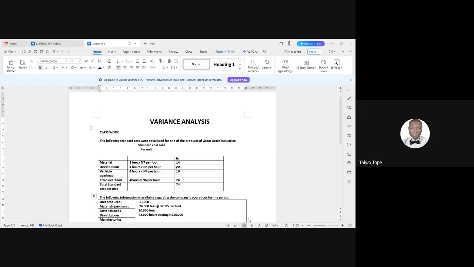Likewise, it will result into favorable variance because where you're supposed to pay 200,000, you are paying, let's say, 100,000 because you've been able to source cheap labor. It will help you to save some money, but it can have some effect on the quality of outputs.